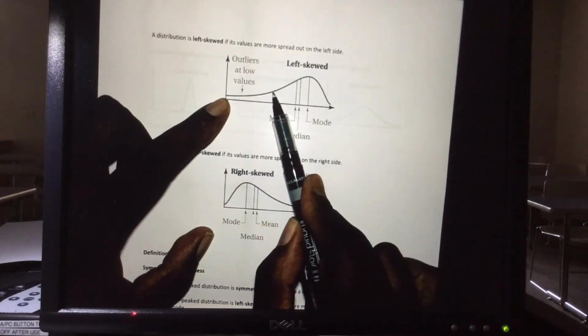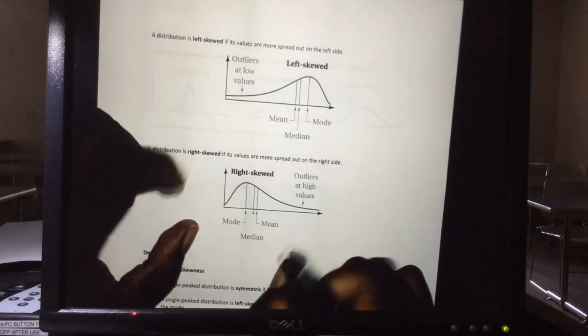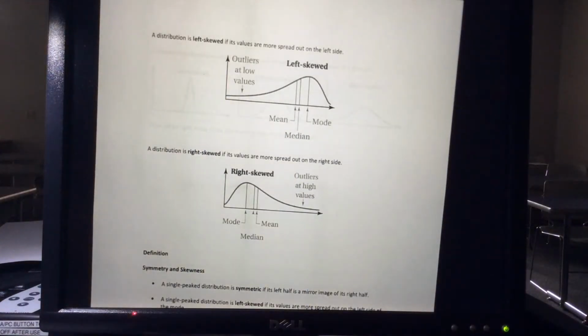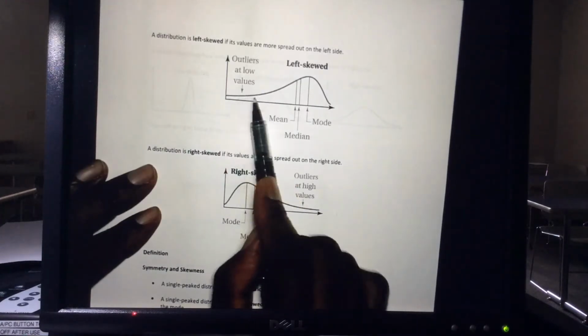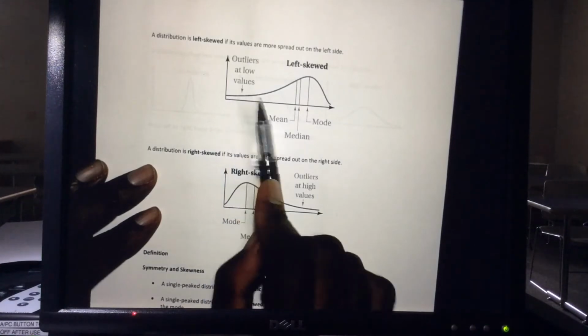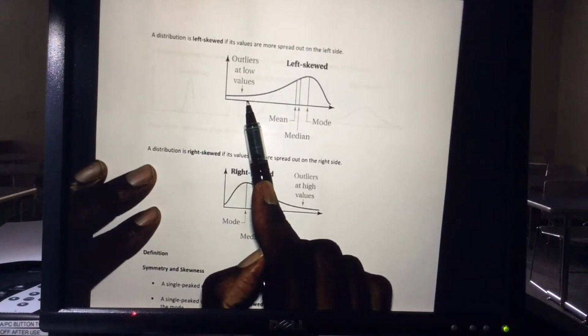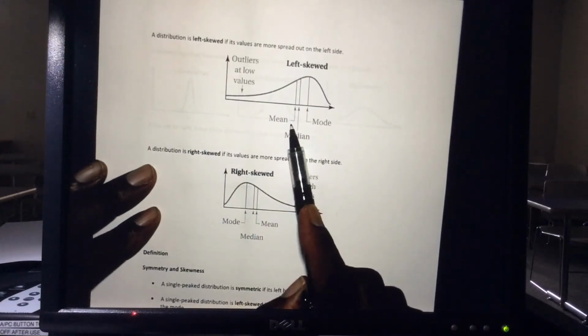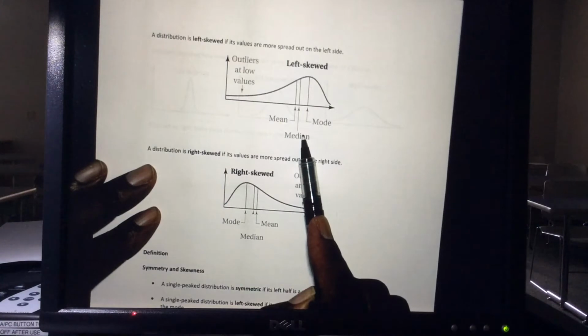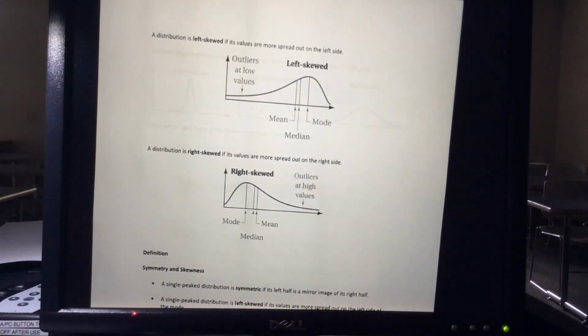And if you think of a skewer, it's that point that you use to place your food in. Here, if that point is kind of on the left, it's left skewed. Okay, and the outliers are going to be low values here. And in this case, your mean will be less than the median, and the median will be less than the mode.